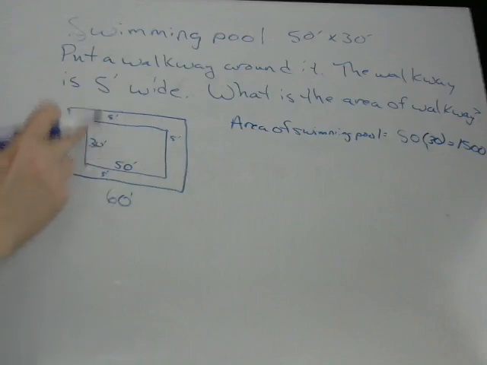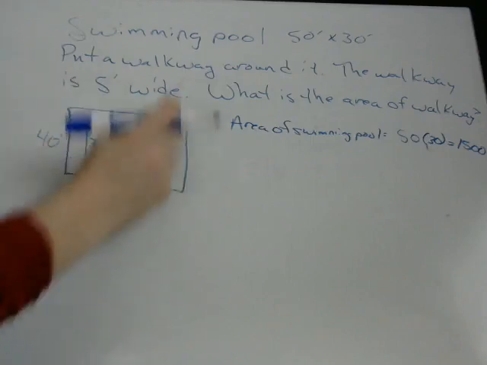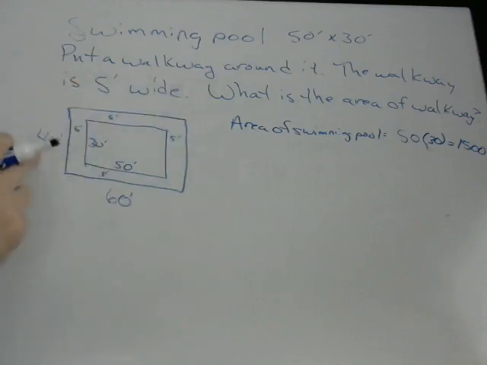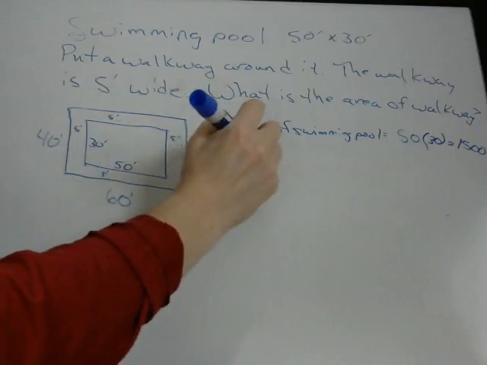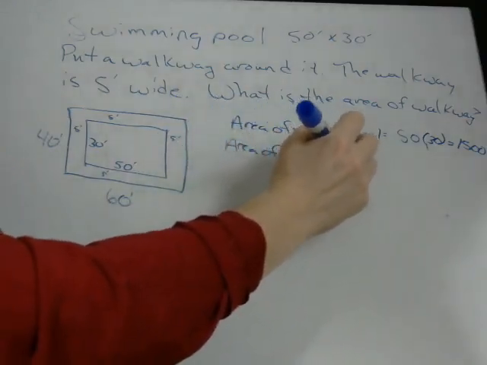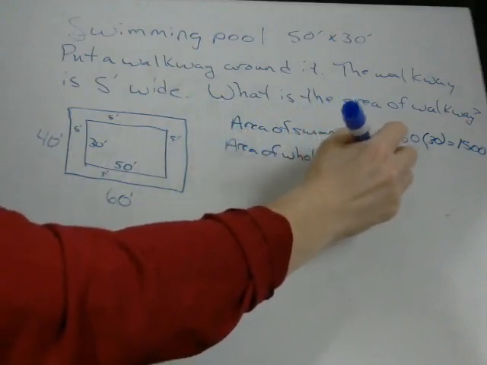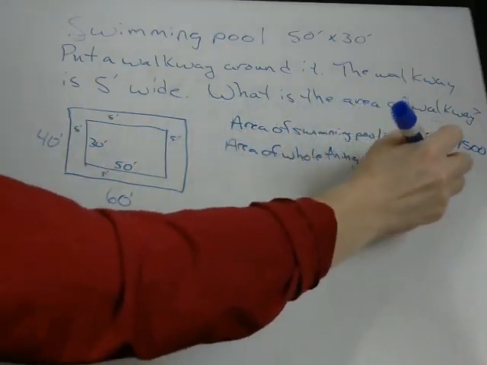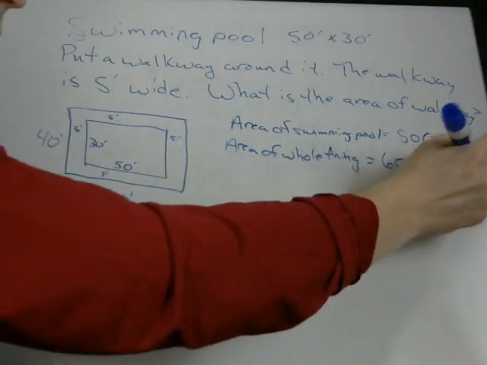If the swimming pool was 30 feet in width and we added 5 feet of walkway down here and 5 feet of walkway up there, it would be 30 plus this 5, which would be 35 plus this 5. So this is going to be 40 feet. So this whole outer rectangle is 60 by 40. I'm just going to say area of the whole thing is 60 times 40 equals 2,400.